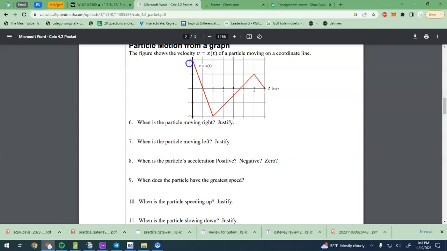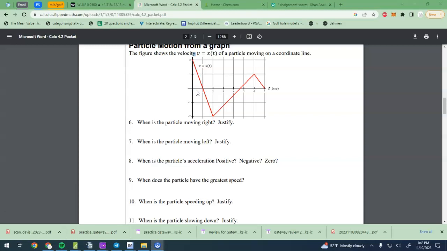So in the 0 to 1 range, is the velocity positive or negative? Positive, because we're above the axis, right? So is the particle moving right or left, forward or backward? Moving to the right, or forward, which is weird because you look at that and think, why is it going down?